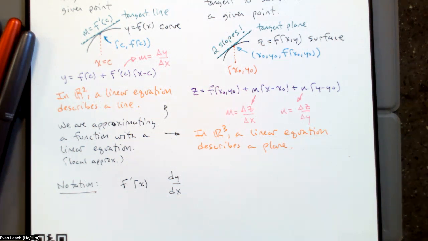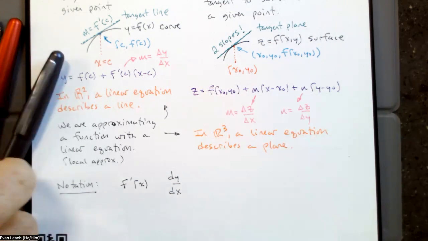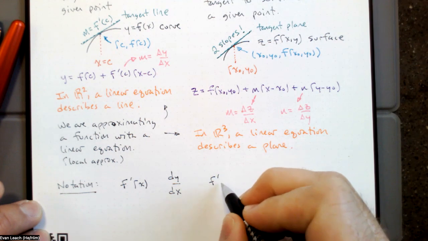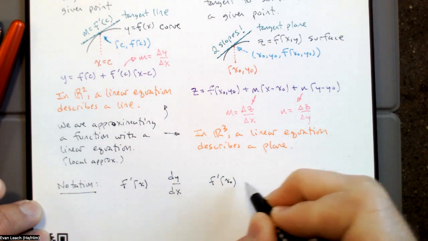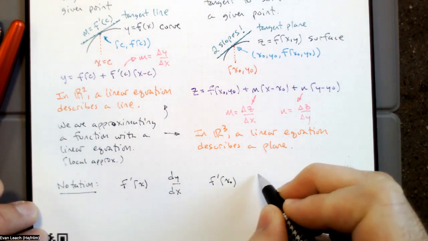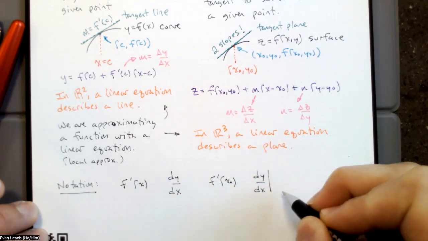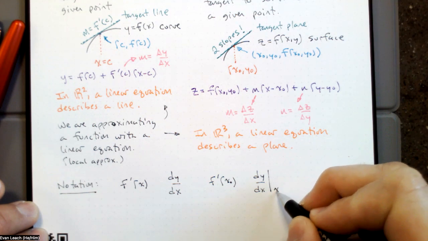If we want to evaluate these at a point, we would just say f prime at c, or dy dx evaluated at x naught.